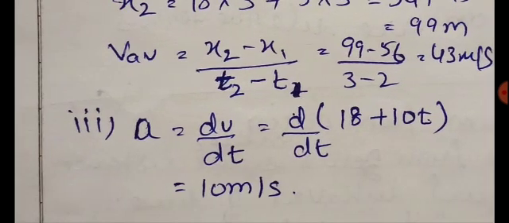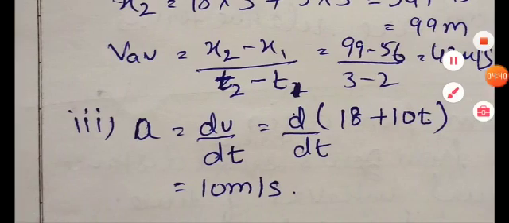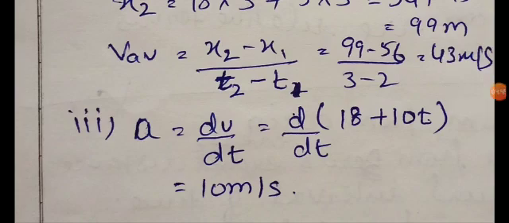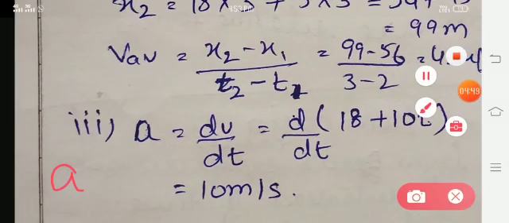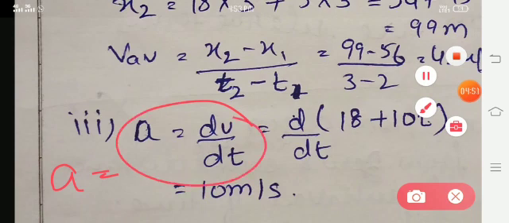Now come to your third part, which is for finding instantaneous acceleration. For instantaneous acceleration you have to take the formula a equal to the derivative of the velocity function with respect to time t.